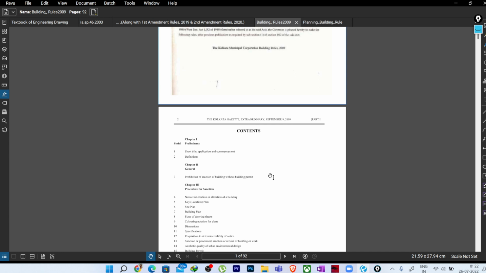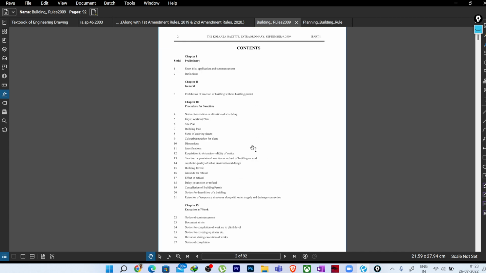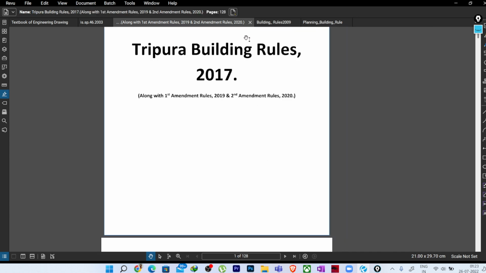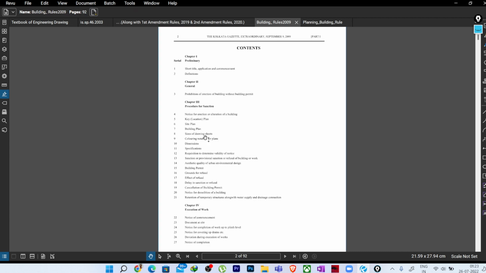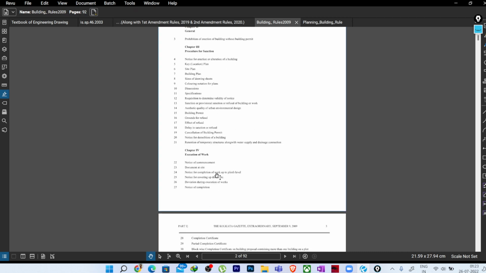Obviously we cannot make a building in municipal areas or in urban areas without taking the permission of the authority. For taking the permission, you need to make the drawings according to these rules. So I'll be explaining these two rules. Obviously the whole book is not possible to explain, so only the important points that most cases will require for making the drawings.